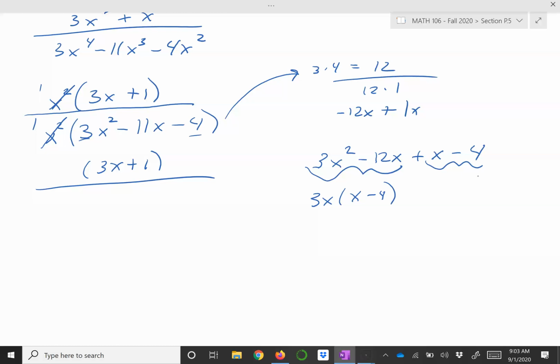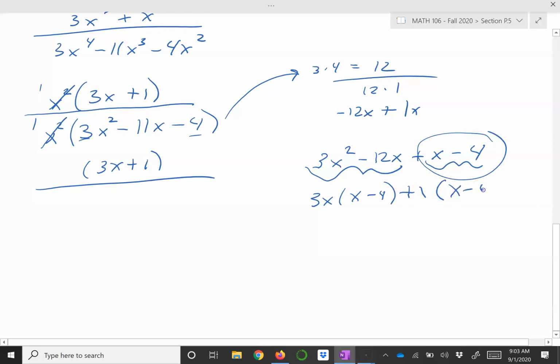So what I've been doing in these examples, when you can't do anything over here, is just do a plus 1 times that factor x minus 4. Because I like having that plus 1 there because that's going to show up in my final factored form. So I end up having the x minus 4 term. You'll notice that they're the same, so that's good, times the quantity 3x plus 1, right? I just take whatever was left over.